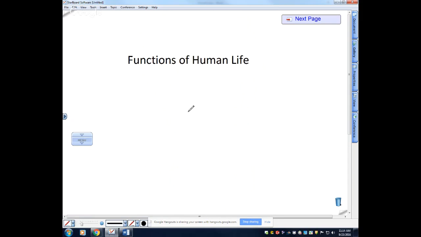Okay, so let's look at the functions of human life. And this goes along with that hierarchy of biological organization, because the first one is that we have an organization. So this is kind of like, what are the characteristics of living things? And the first thing is they have organization. And the main reason for this organization is to maintain order.